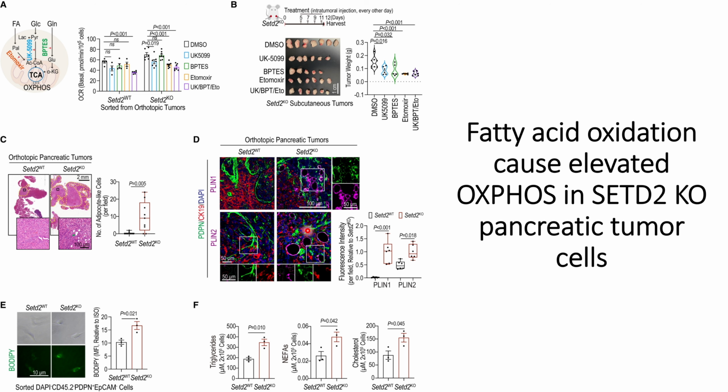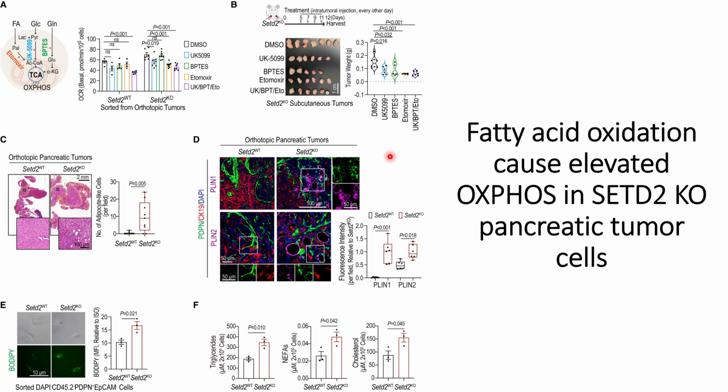These are quantified, and the quantification of PLIN1 and PLIN2 in the SETD2 knockdown and SETD2 wild type cells is shown on the bottom right corner of panel D, where we can see that in the knockdown there is an elevated level of PLIN1 and PLIN2.